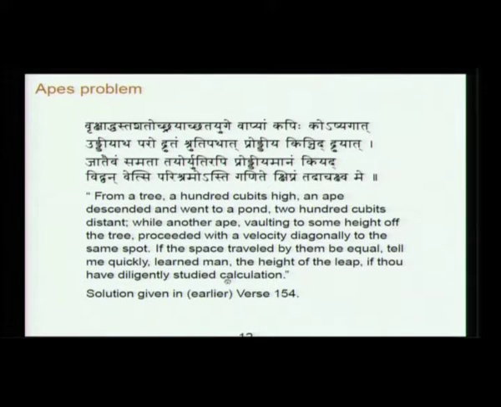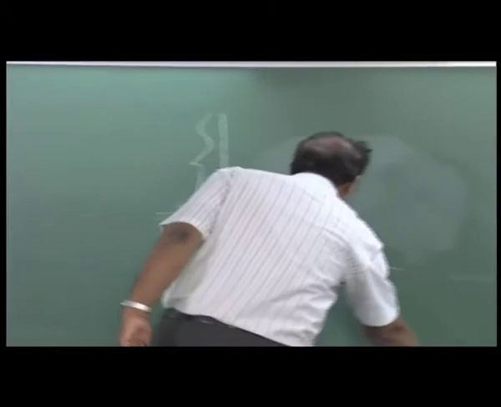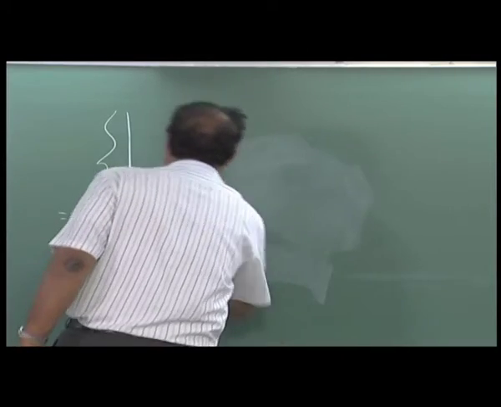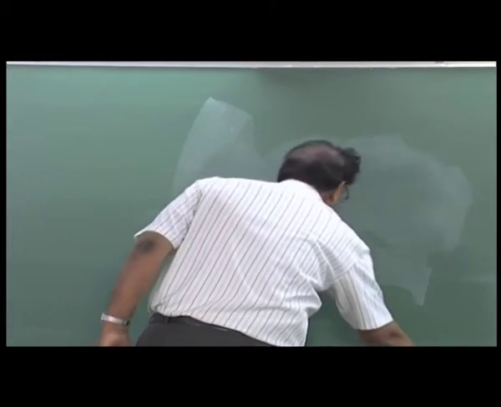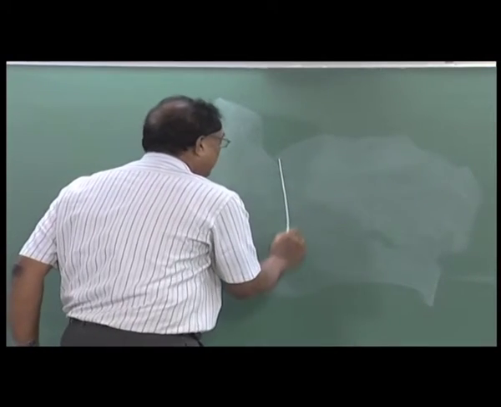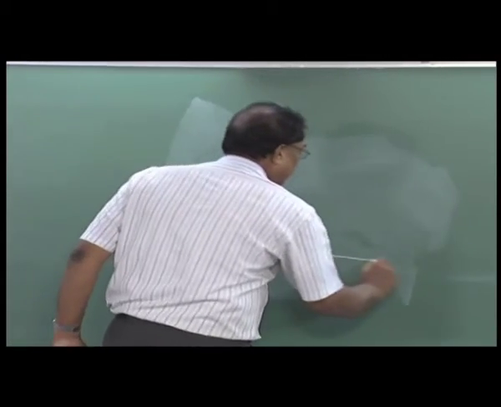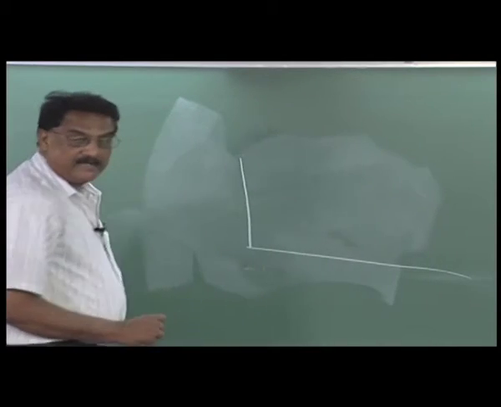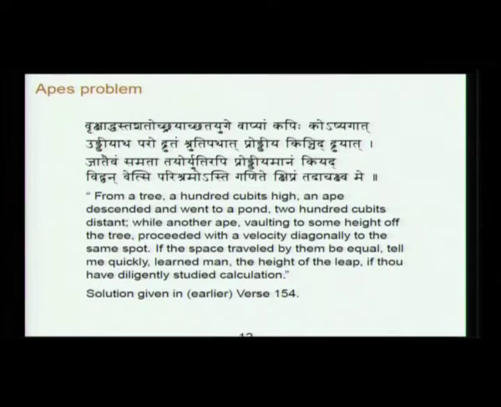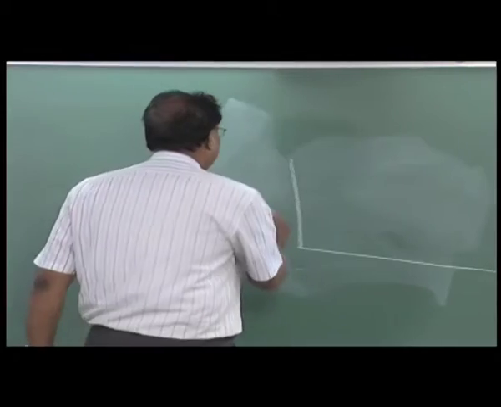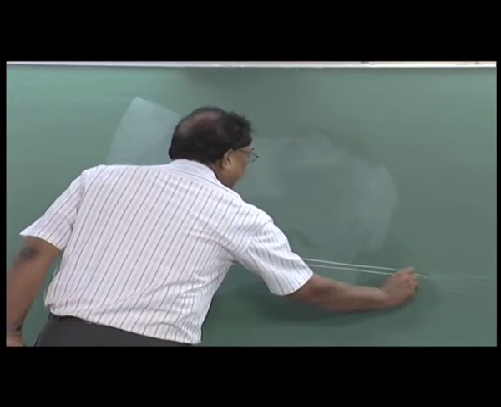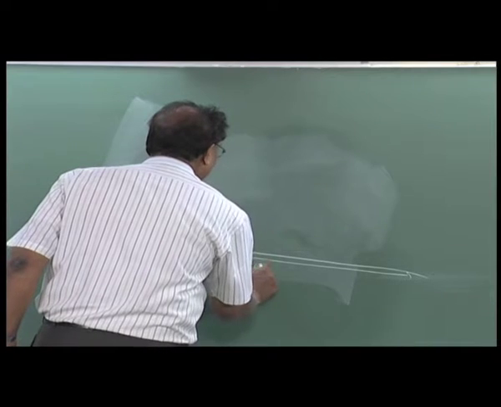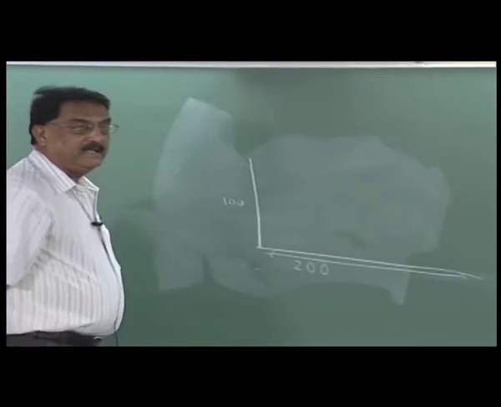So, essentially you have this situation. This is some tree, and then there is a pond. The tree is 100 and the pond is some 200 away.